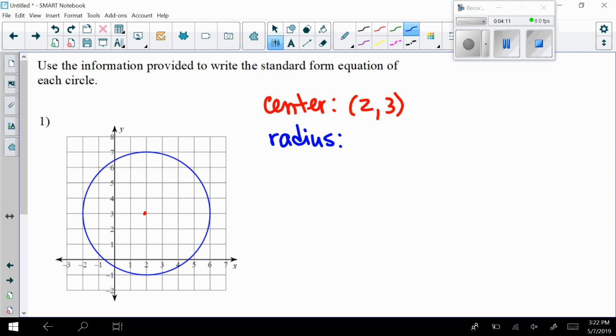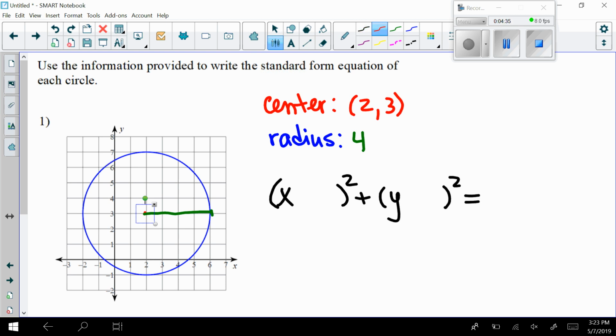And my radius will be the length, so how far did I go from the center to the furthest point? So it looks like I went 4 boxes. So when I need to write my equation, remember it has to be in standard form, so I'm going to set up my little template.